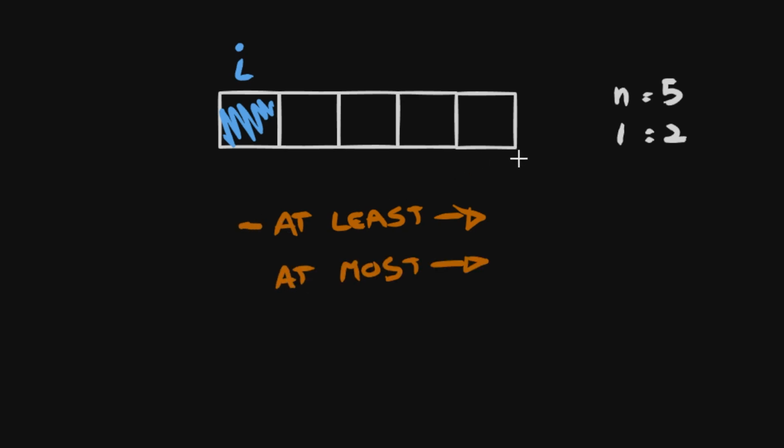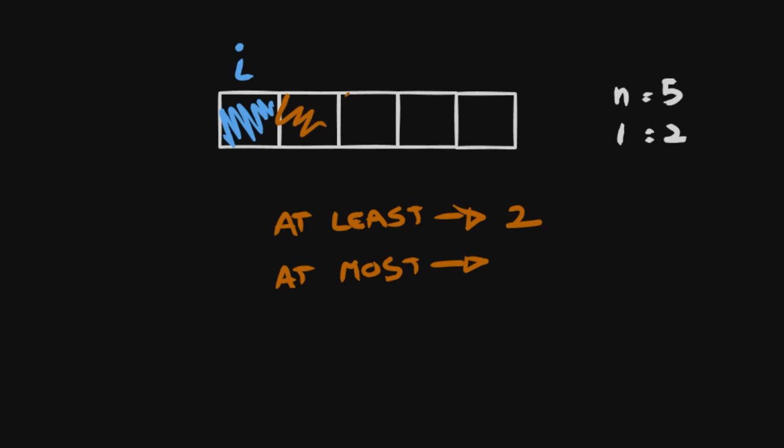Let's say we give the maximum amount of candies to the third child, meaning we give 2 candies to the third child. So the third child has 2 candies now. This means that at least we can give 2 candies to the second child. And now let's focus on at most. We can give to the second child at most 2 candies.